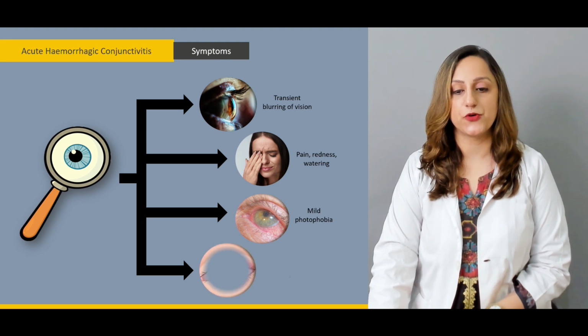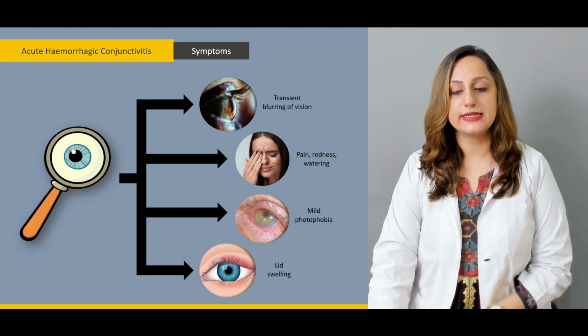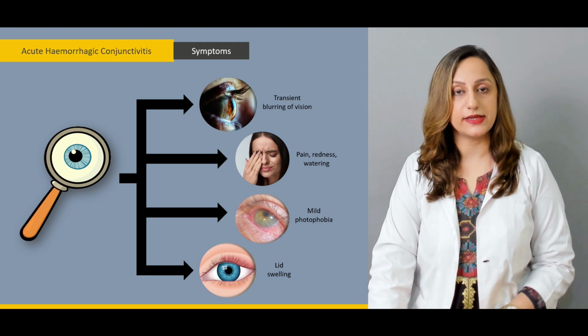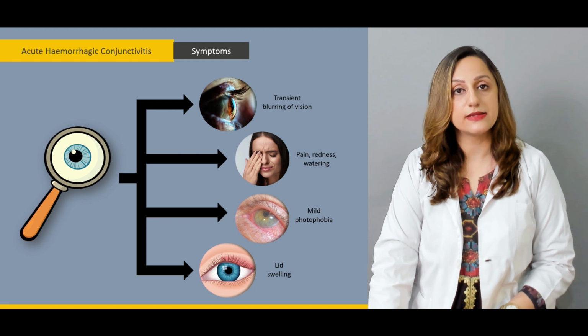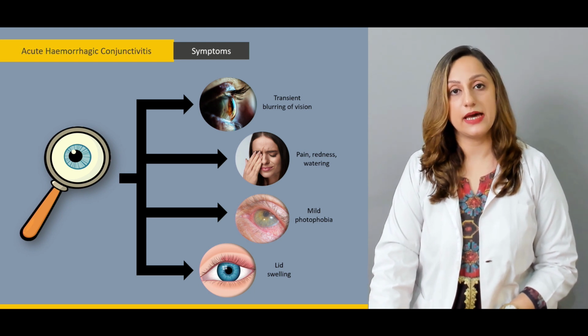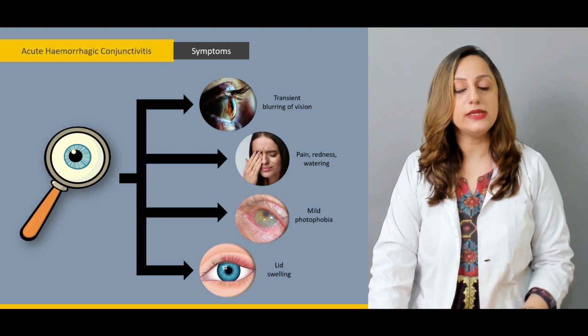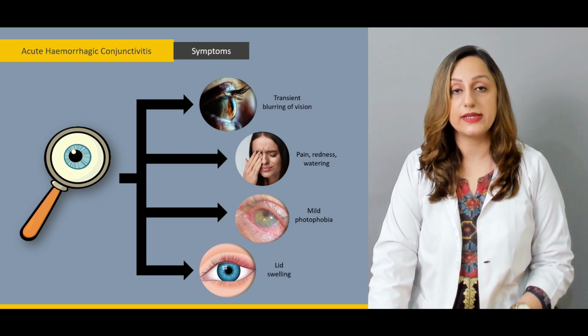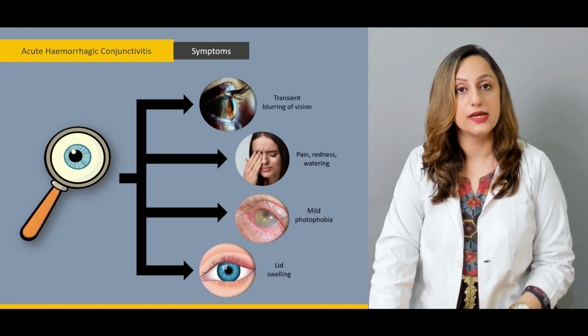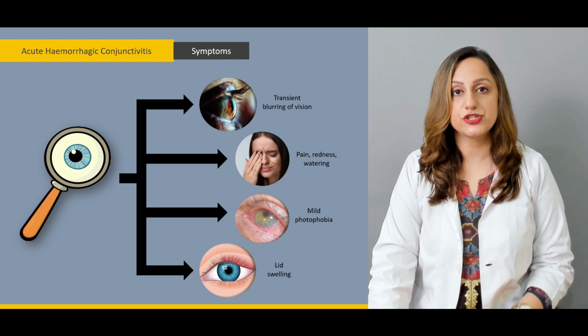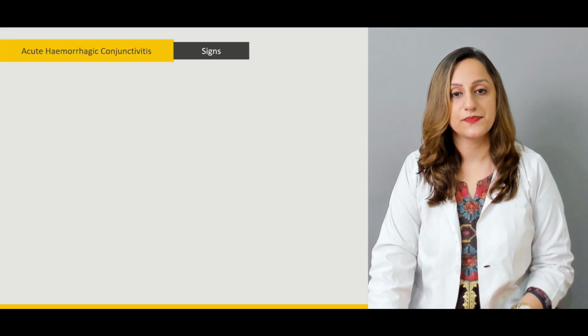And then obviously he or she would also have lid swelling. It can be the upper lid or the lower lid that is involved; they are equally prevalent for this swelling, a blepharitis-like condition that can arise in patients suffering from hemorrhagic conjunctivitis.